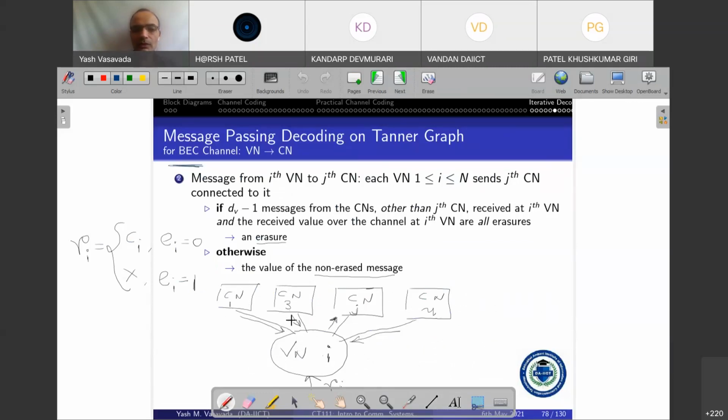And Vandan already gave the hint that in the ideal case, all of the CN1, CN3, CNU are going to send. Repetition code. Exactly. So VNs are repetition codes, because they are expecting to hear their own value from all the connected CNs. Their own value should be received on all of these edges as well as from the channel.